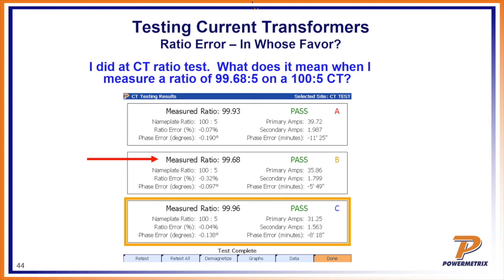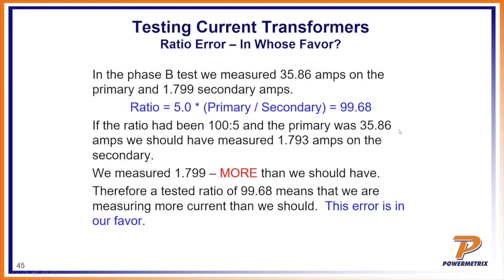So when we do a ratio test, guys always ask me, is it good or is it bad? So let's say I've got a 105 CT and I measure 99.68. What does that really mean? So in this test, we measured about 35 amps on the primary, which translated down to close to 1.8 amps.